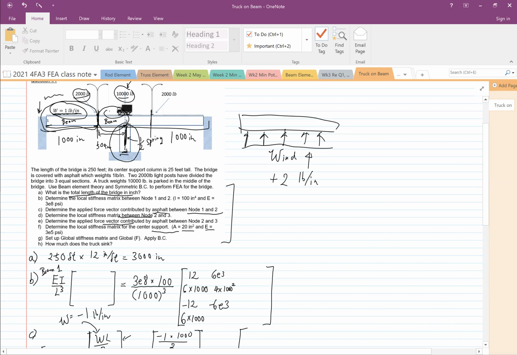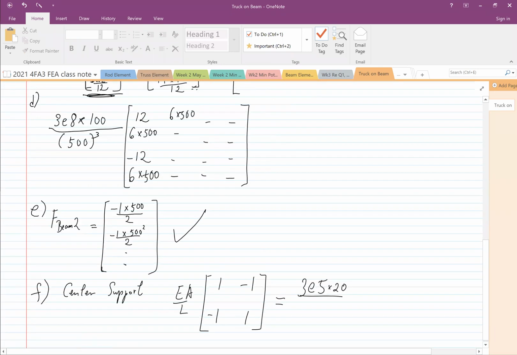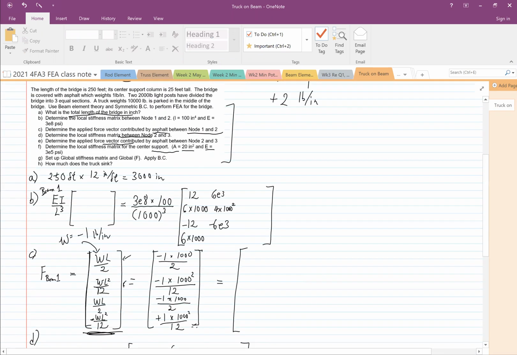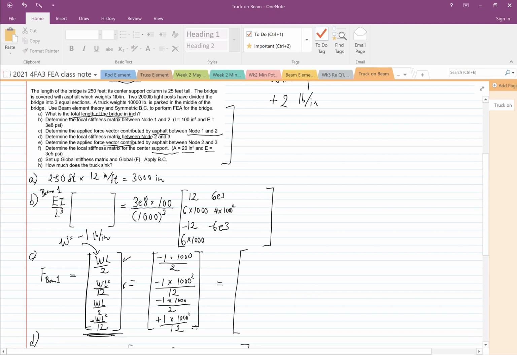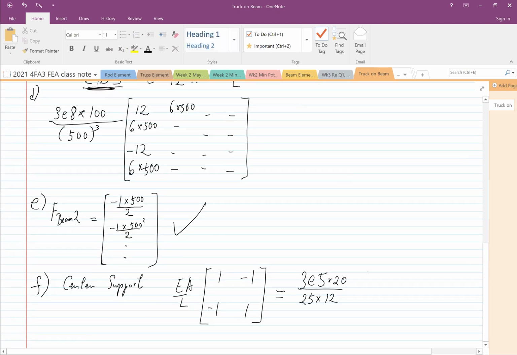Oh, question. Yep, what is it? Wouldn't the 25 feet be divided by 2 as well, if we're considering the symmetry? Yep, it's coming up: 25 times 12 because I want everything in inches. The column is 25 feet, so it's 25 times 12.